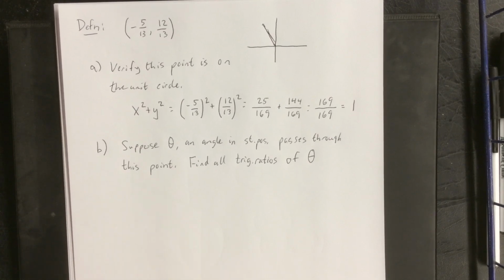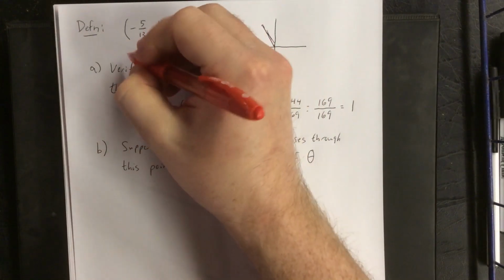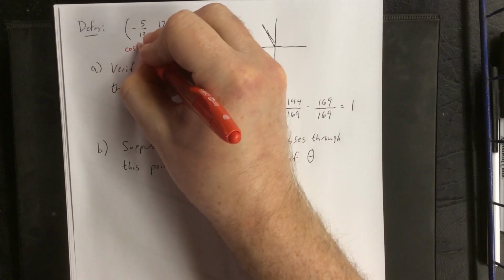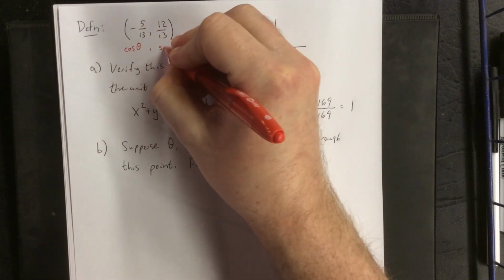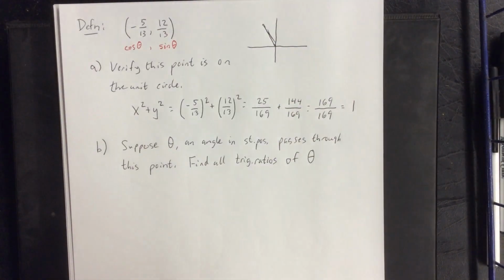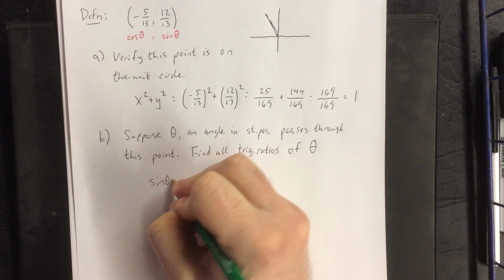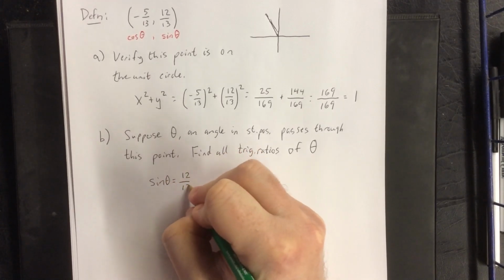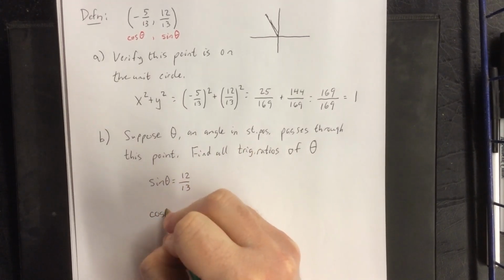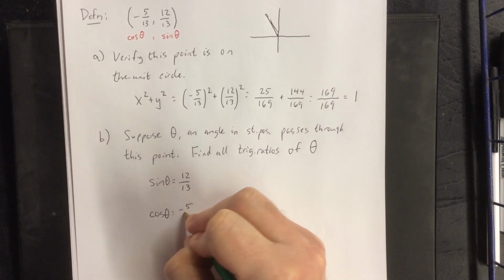So what we can do immediately is think to ourselves, because this is a point on the unit circle, the x-coordinate is going to be the cosine of theta, and the y-coordinate is going to be the sine of theta. So sine of theta is 12/13, and the cosine of theta is negative 5/13.